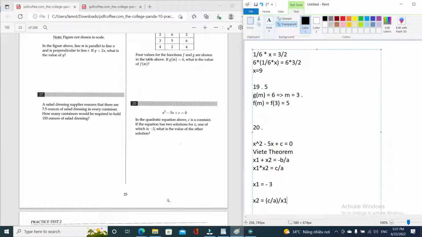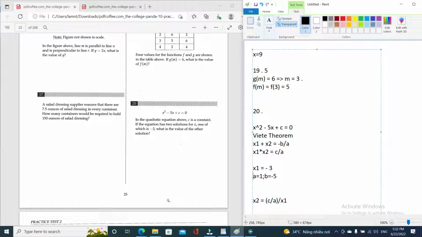So in this case, okay, we don't know c. But we know a equal to 1, b equal to minus 5, right? So we have to find out x2.